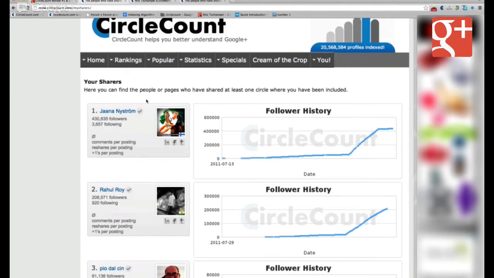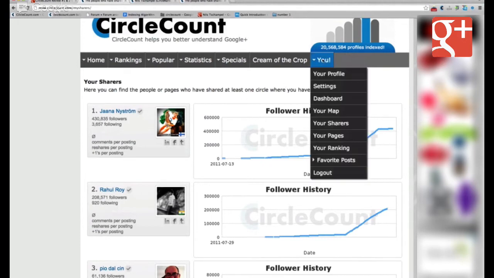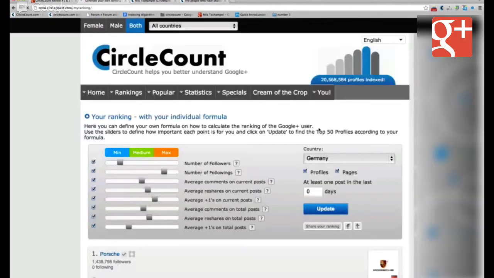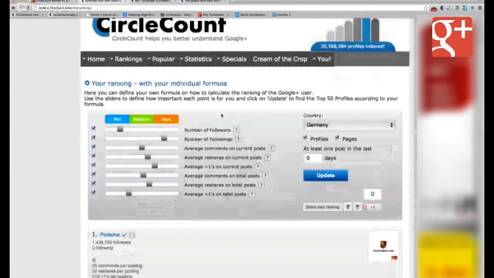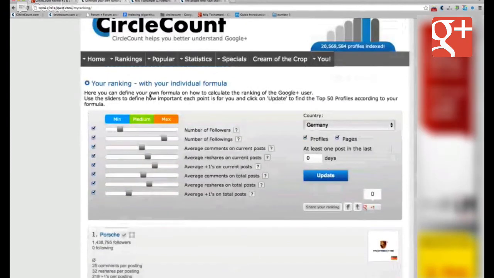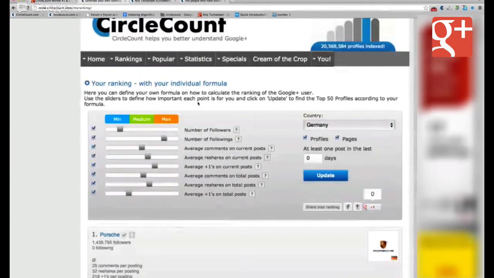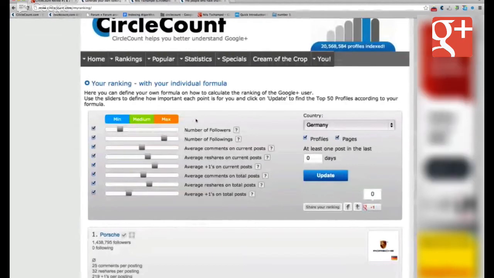Exactly. And because we are talking about how to get to know interesting and influential people, we get right to our next feature, which is called your ranking over here. Yep. This ranking is like your individual formula, which makes it possible to find people you might think are influential.